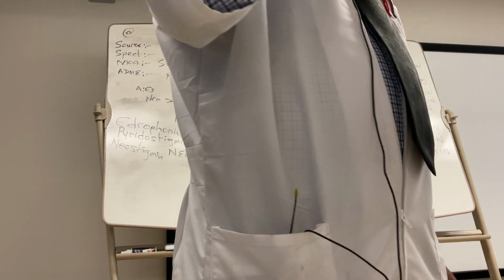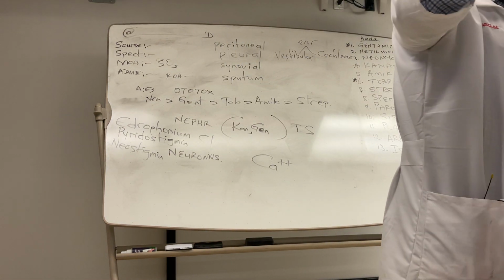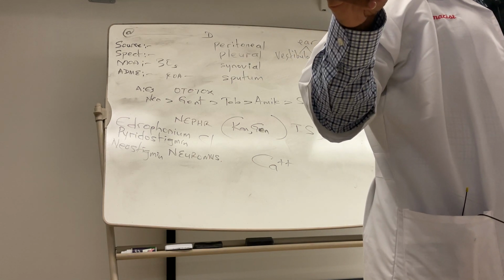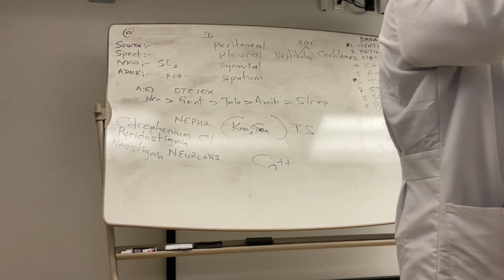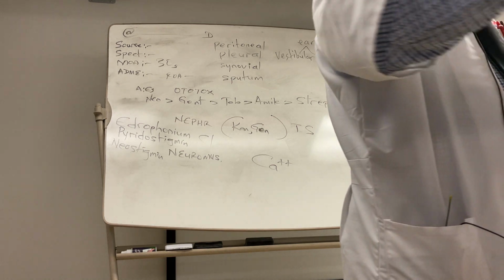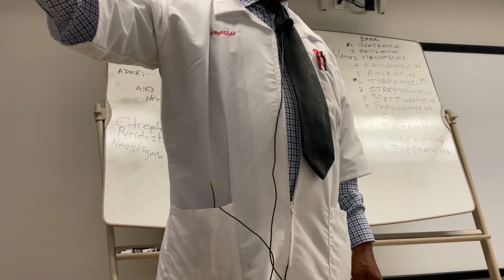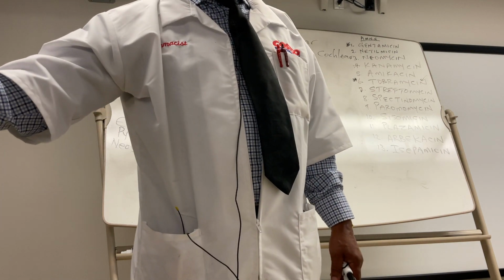Only one single dose can actually give you that ototoxicity. Only one time. Okay, and sometimes you can use it for like 3, 4, 5 days, nothing happens, and then the 6th day you give it and it occurs.